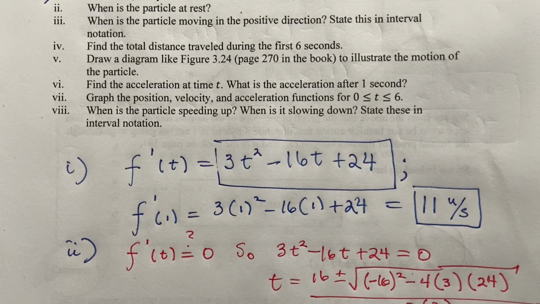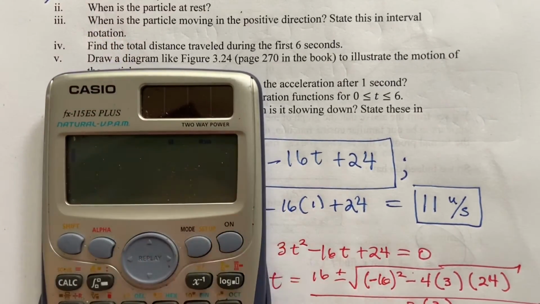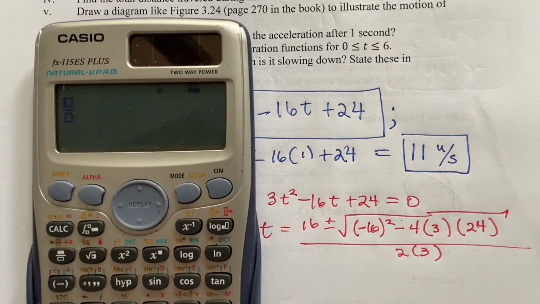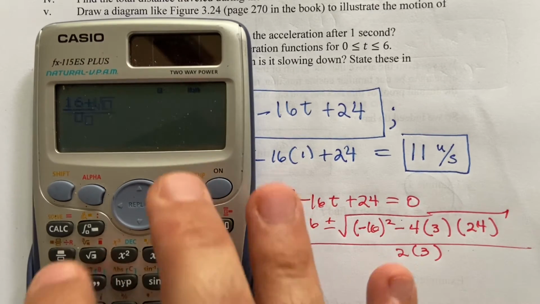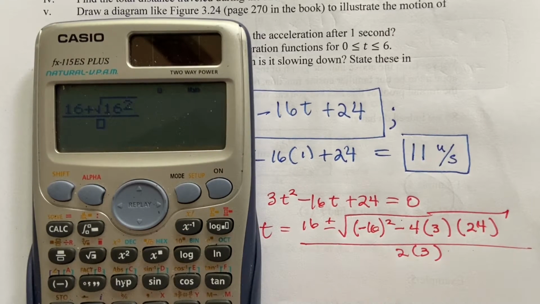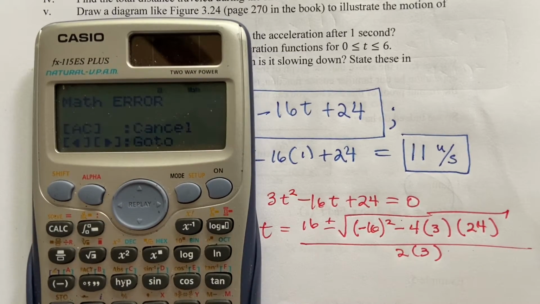So I'll go ahead and type that in. Hopefully you guys can see that, sorry. The calculator, I mean. So 16 plus, and then it'll be the same as positive 16 squared, so I'll just write it that way. Minus 4 times 3 times 24, 2 times 3.